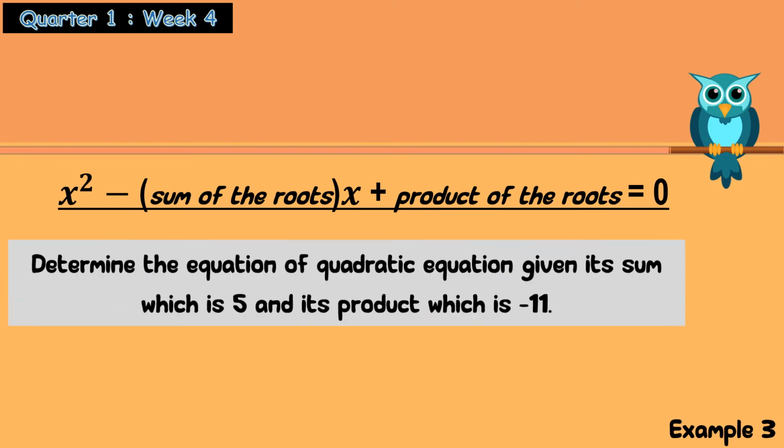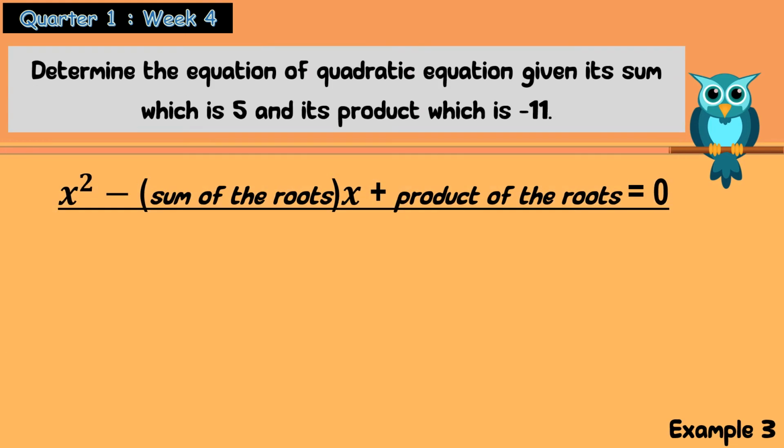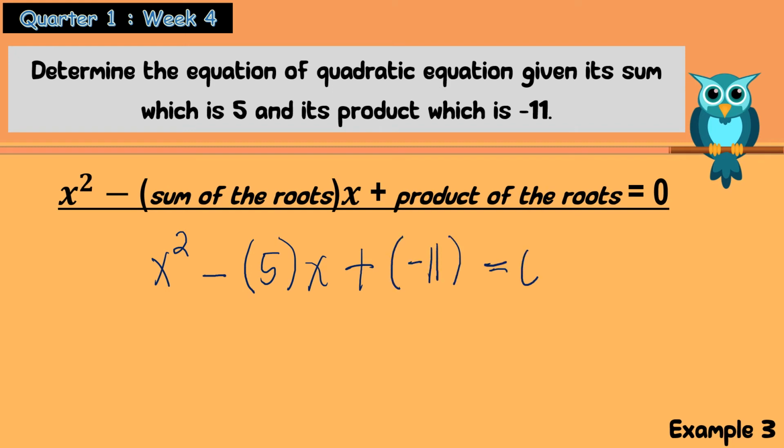Next example, the given sum of the roots is 5, and the product is negative 11. So you copy again here x squared minus the given sum of the roots, which is positive 5, x, plus the product of the roots, which is negative 11, equal to 0.